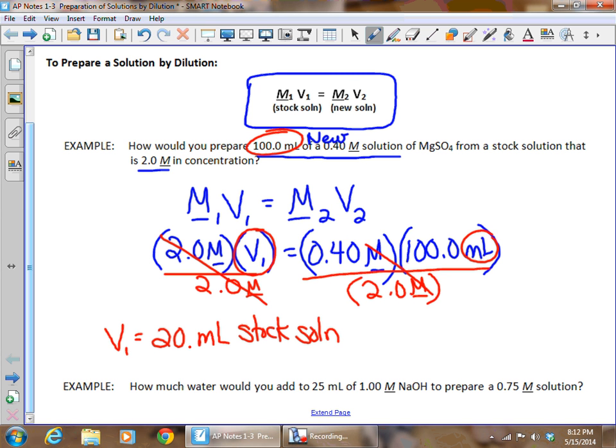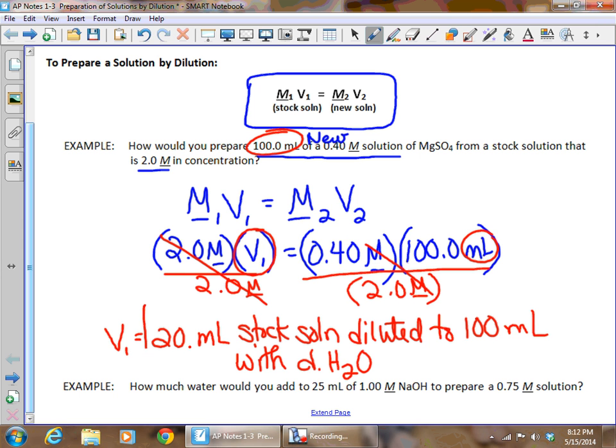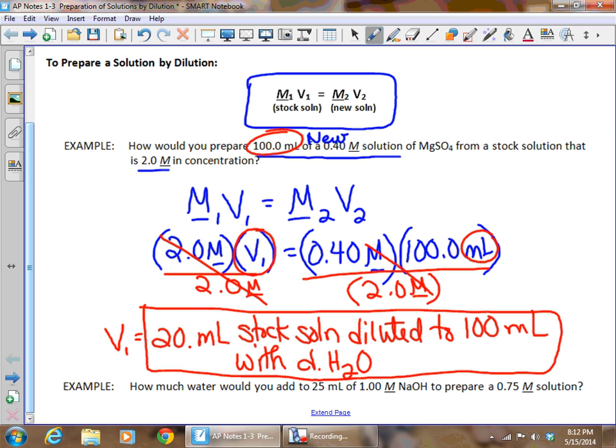So I prefer to say it this way: 20 milliliters of stock solution diluted to 100 milliliters with distilled water. And the abbreviation for distilled water is D period H2O. So that's how I prefer to do it, is to tell them we're going to dilute it to the desired volume with our water. Yes, we'll be adding 80 milliliters, but it just prevents us from making a stupid mistake on the test. So that's how I want it stated whenever you do these problems.